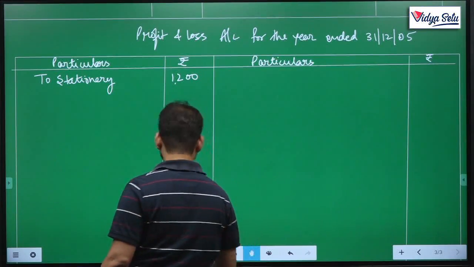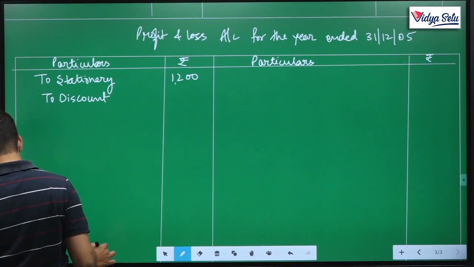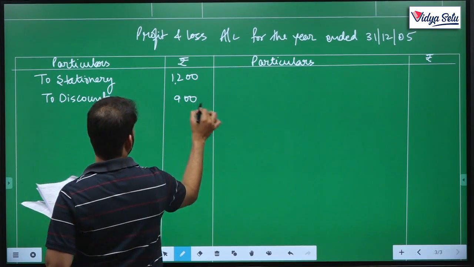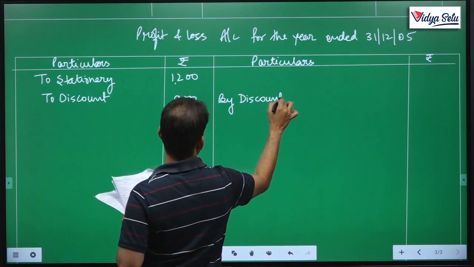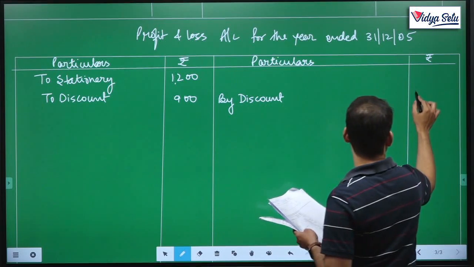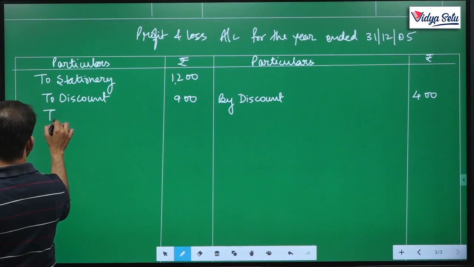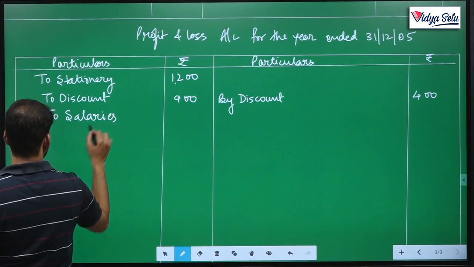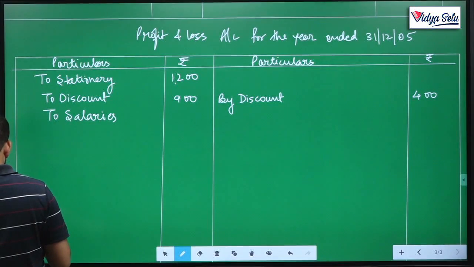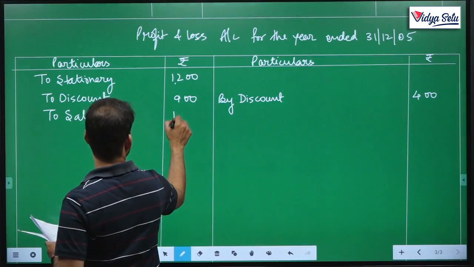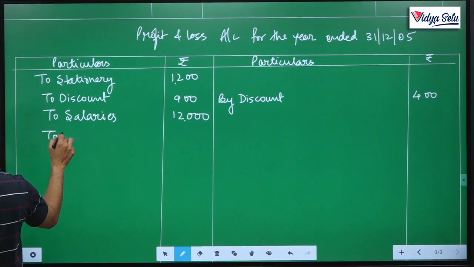Then there was discount, both received and discount given. So in our P&L account, not appropriation, P&L. Discount was debit 900, and credit we'll leave a line for our gross profit, that is 400. Next is salaries, which amount to rupees 12,000.